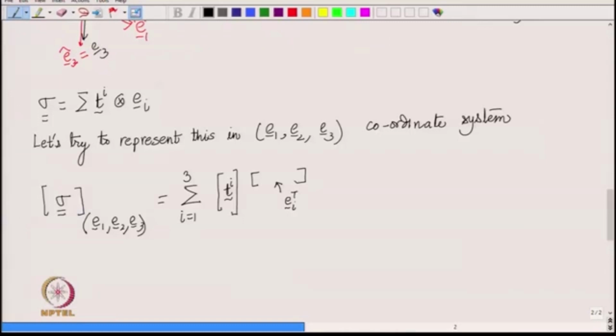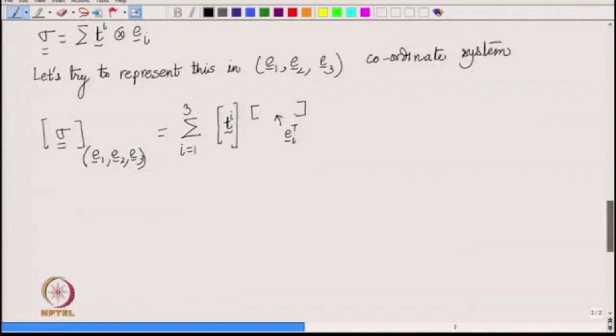Okay. Now, let us write down the 3 terms in this sum separately. So, this is T 1 into E 1 transpose. Now, how will E 1 look like in the E 1, E 2, E 3 coordinate system? It is going to look like 1 0 0.